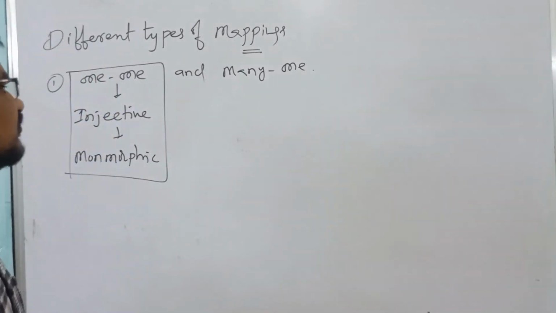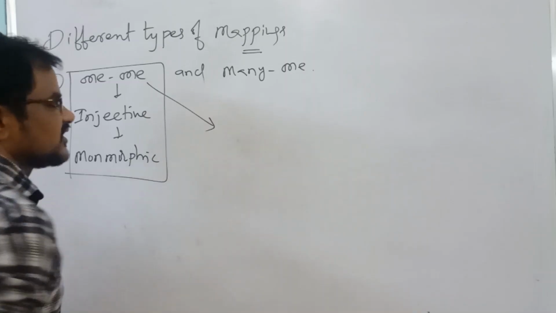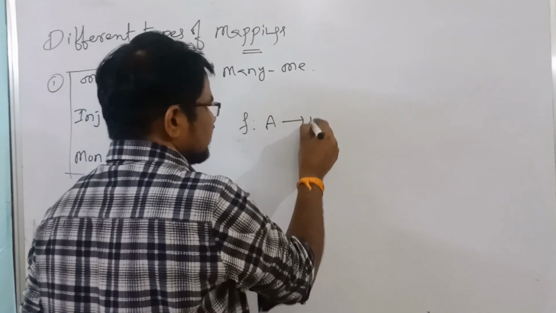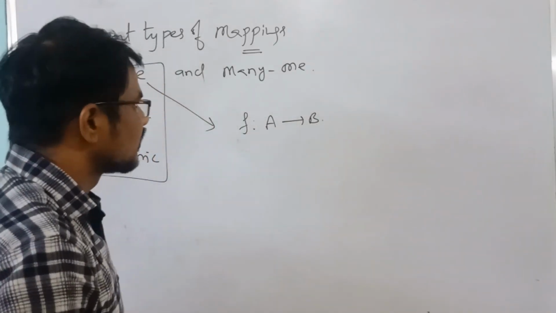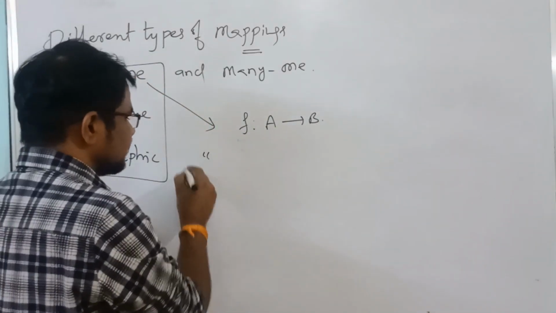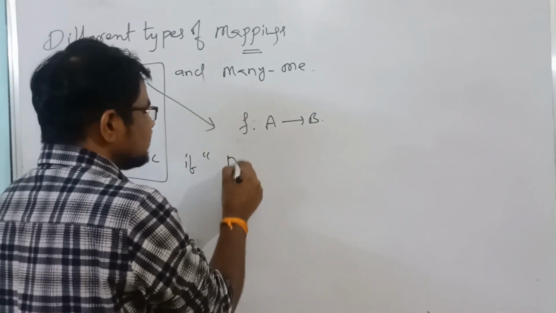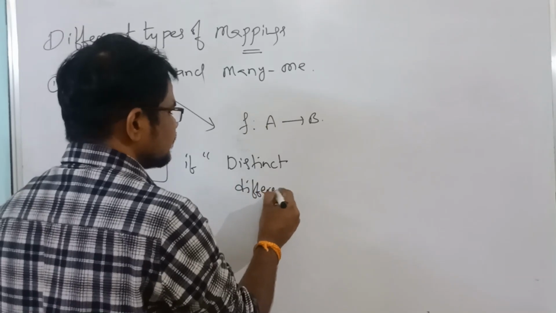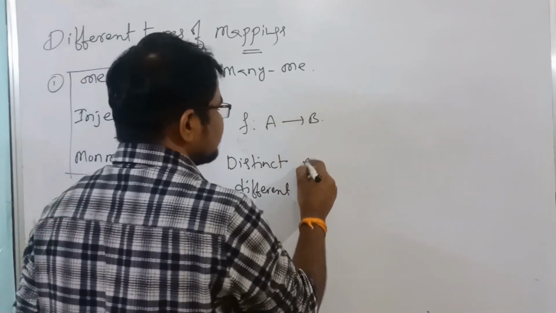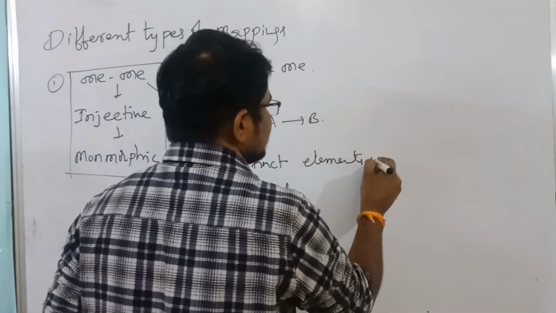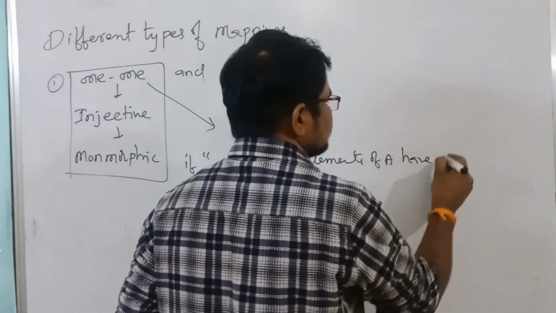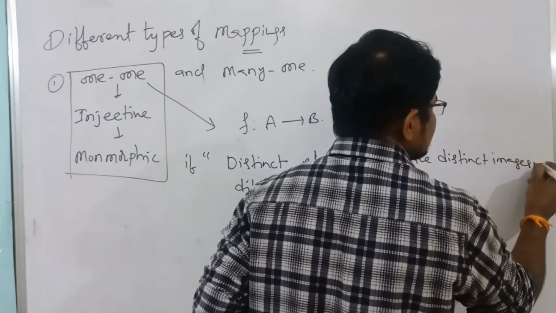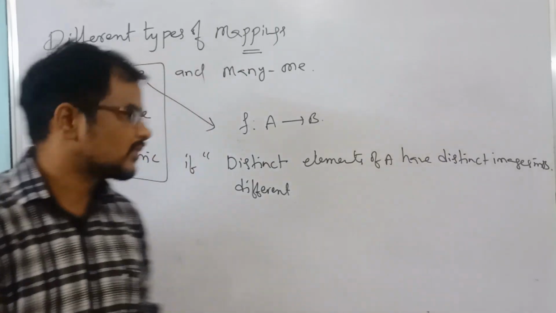So what is a 1-1 function? Come to the 1-1 function definition. A function which is a mapping from A to B is said to be a 1-1 function if distinct or different elements of A have distinct images in B. So what is the definition?